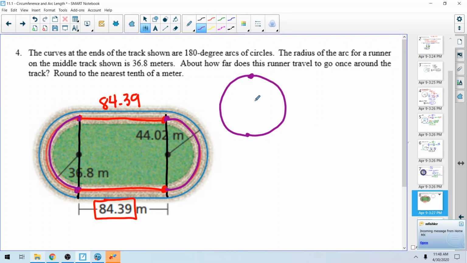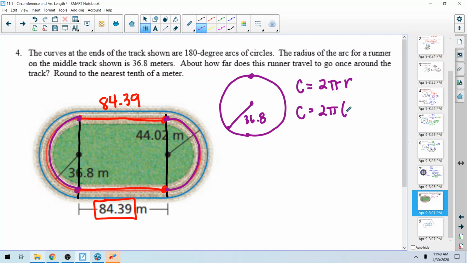Then it tells you that from here out to the edge, we've got 36.8. And I want to know how far it takes to get around that whole purple. So the circumference is 2 pi r, so 2 pi times 36.8.